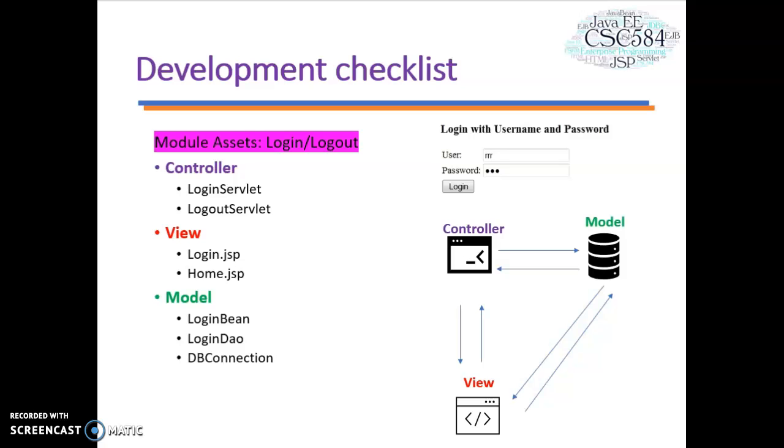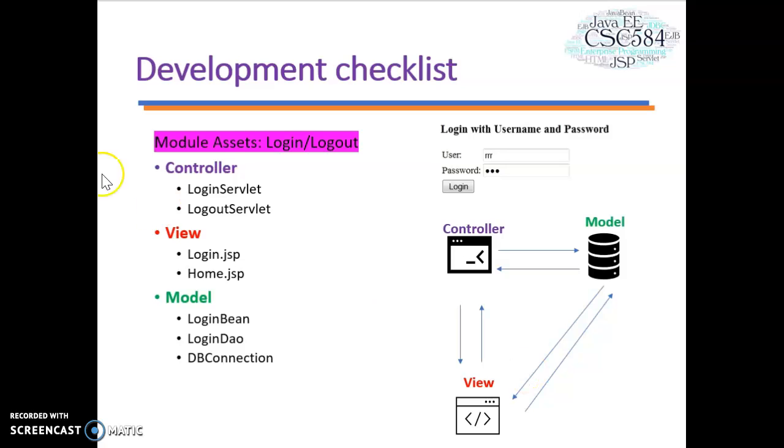So in the development checklist, you need to start by coming up with the structure of your login, logout features. For example, this is the first one. Okay, so for MVC, we know that we will need to have a controller, model, and also view as our components in the framework. So first, you need to determine the MVC components for this login, logout function. First, the controller.